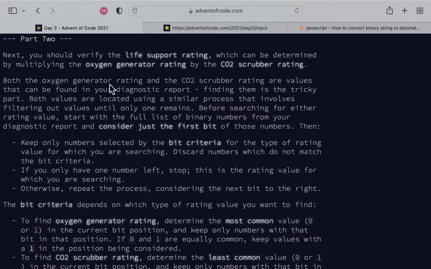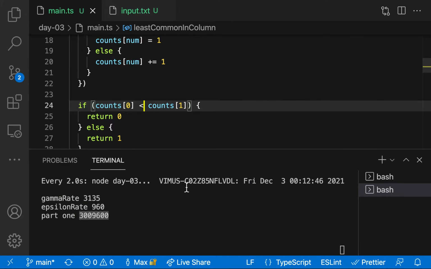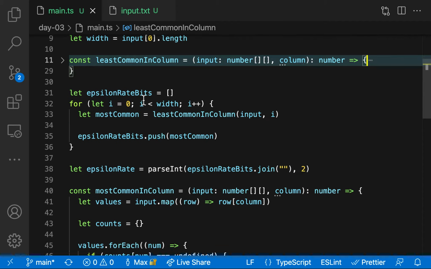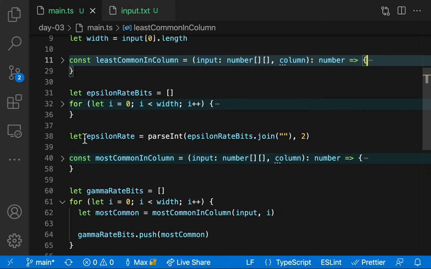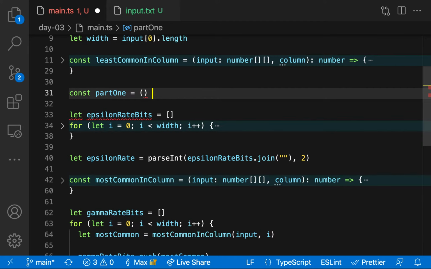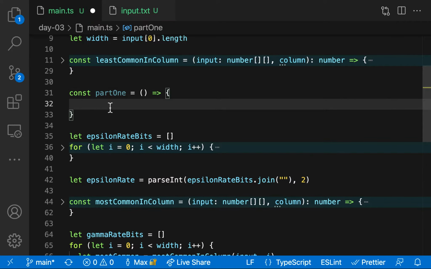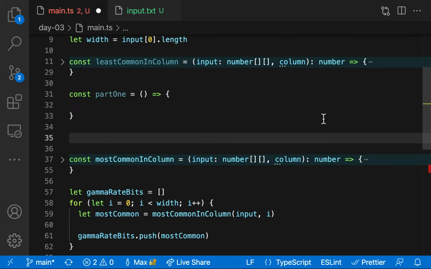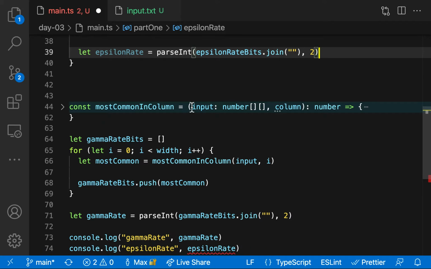Next, we should verify the life support rating, which can be determined by, well, actually, hold on a sec. Let's just clean this up super quick. We've got a few handy helper functions here. Just going to move some stuff around.